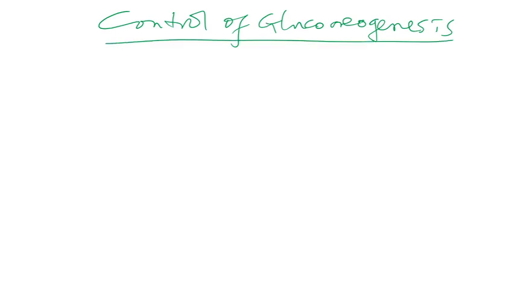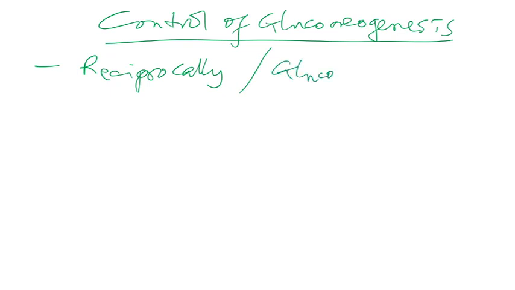So the control of gluconeogenesis is actually done reciprocally. What this means is that you have gluconeogenesis and glycolysis, and these are controlled more or less in reverse.